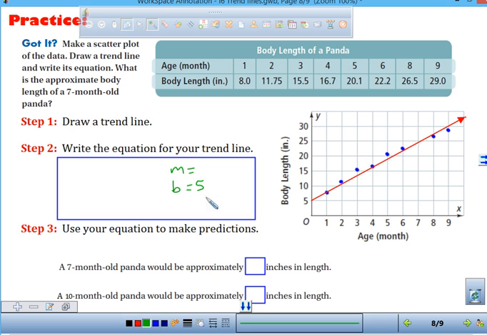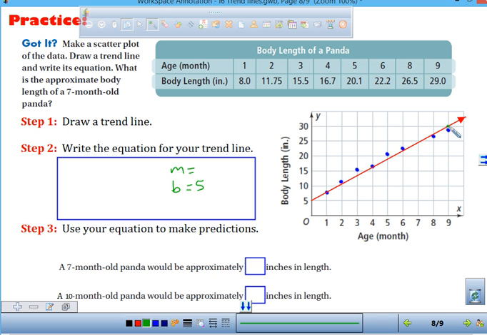How about my slope? What do I have to do with my slope again? Are there any points that hit at nice grid point lines? 3 and 15, kind of. 7 and 25 is close. 9 and 30 is close.